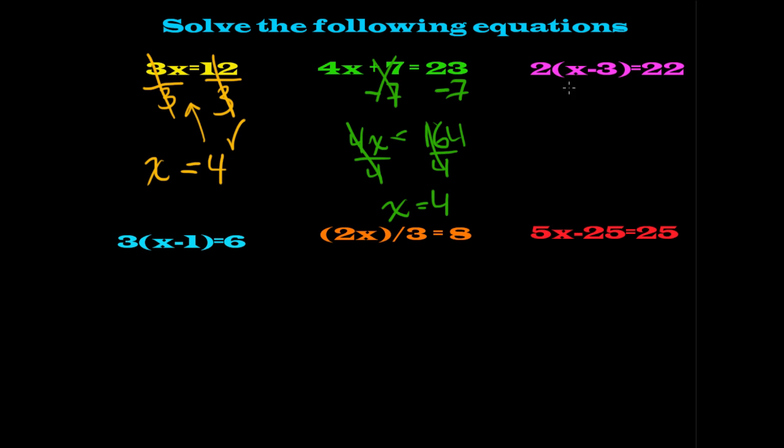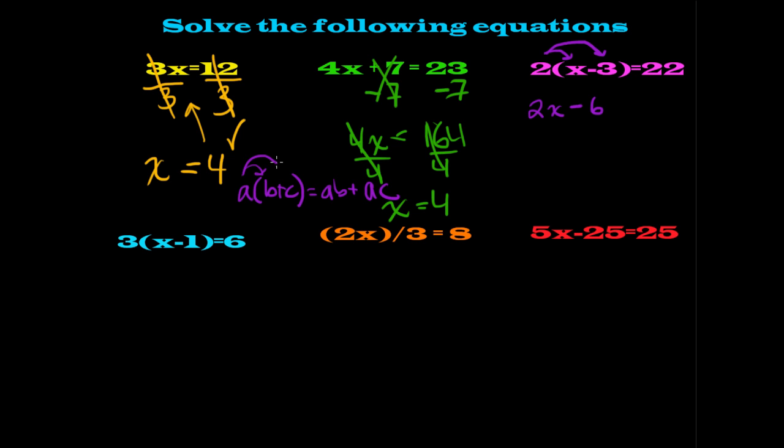Next problem, 2 times quantity x minus 3 equals 22. This is referring to the distributive property, so first we'll distribute the 2 through the x and the negative 3, giving 2x minus 6. Remember, I'll write it over here. A times b plus c is equal to ab plus ac.